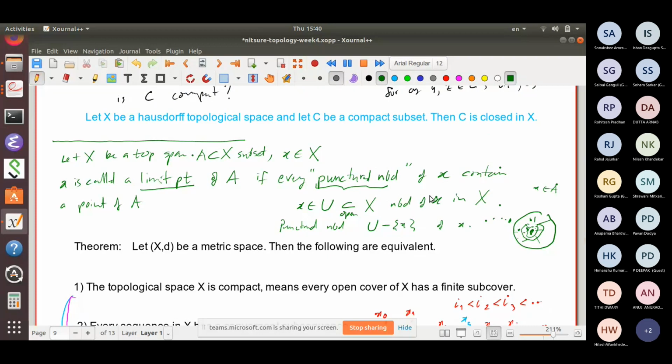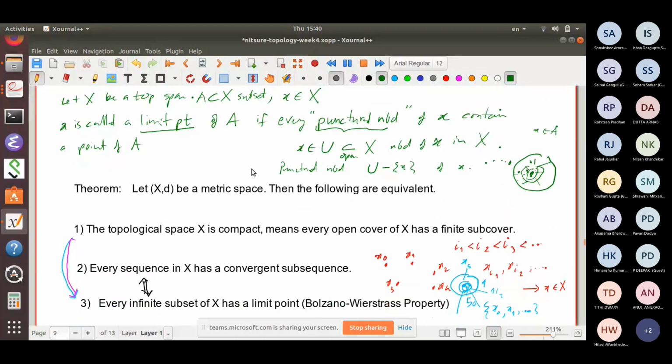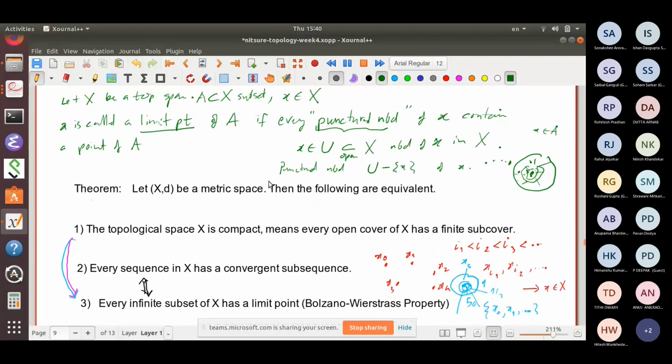If I take the real line, every point is a limit point of the real numbers, because there is a sequence of other real numbers tending to it. In a discrete space, no point is a limit point because there are no other points tending to it. So those were examples where A was equal to X. Okay.